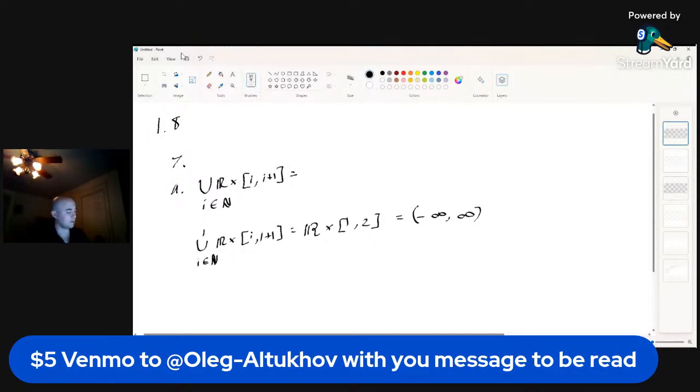So if I get this correct, I'm going to graph it. Let me see here. 7. Wait a minute. What am I doing? No, that's right. Hang on a minute. All right. So they want us to write it in set notation. Oh, right.